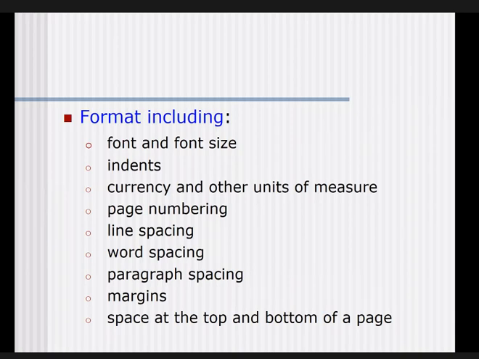Okay, let me repeat. You have 2 or 3 paragraphs on a page, right? Paragraph 1, paragraph 2, paragraph 3 on a page. The last paragraph, which is paragraph 3, is at the bottom of the page, but it has only 2 lines on that page, and the other part of the paragraph flows to the next page.